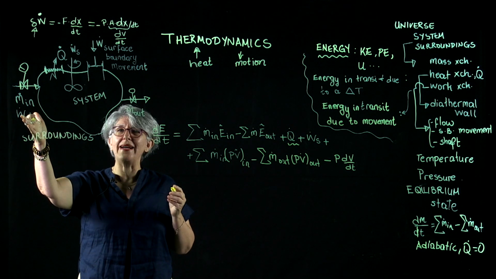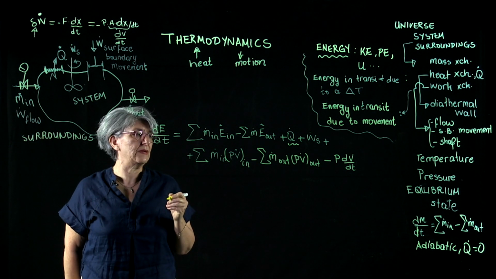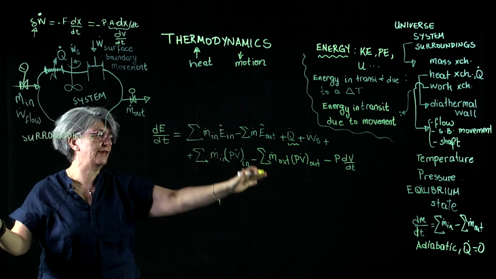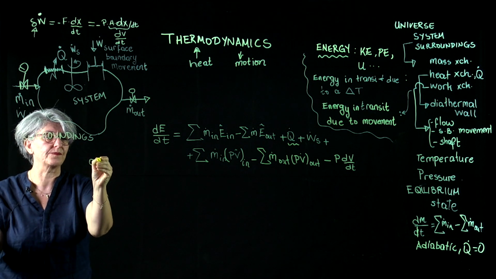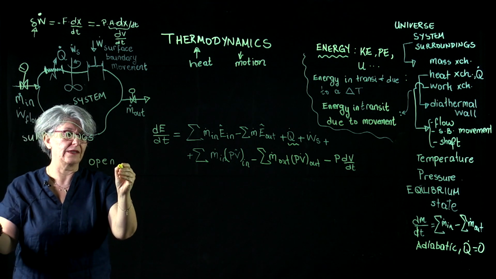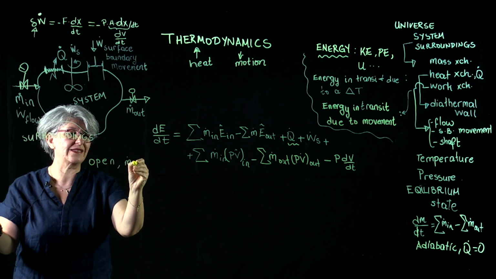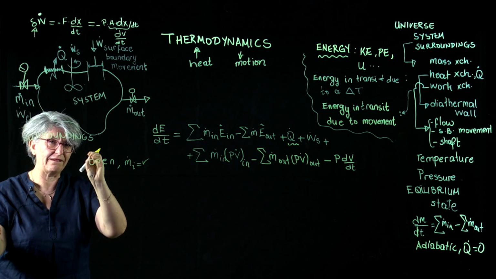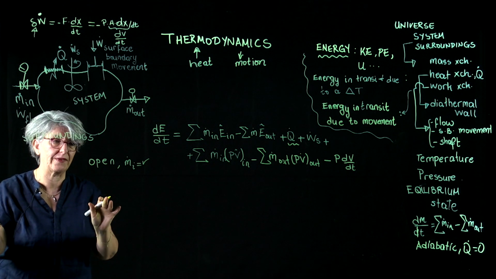Now when we allow mass exchange through our system boundaries, we will call the system open. So the vocabulary continues here. We have open systems. For the open systems, we are going to have finite amounts of mass exchange. The mass flow rates are going to be finite.